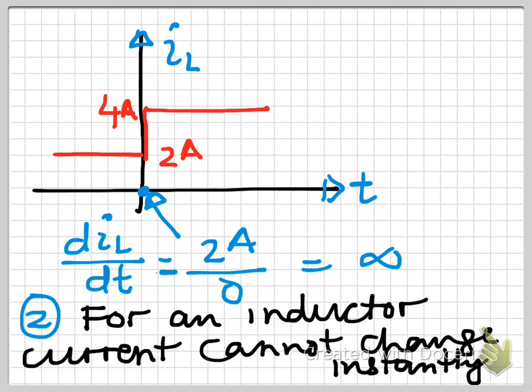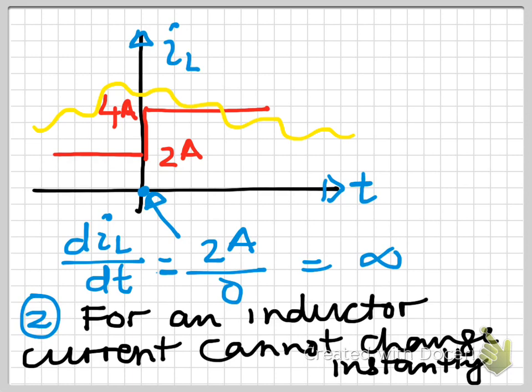So you can expect the graph for the current, instead of this red variation, let's say in yellow, to change like this with respect to time.